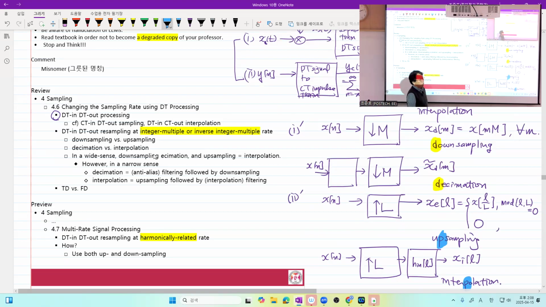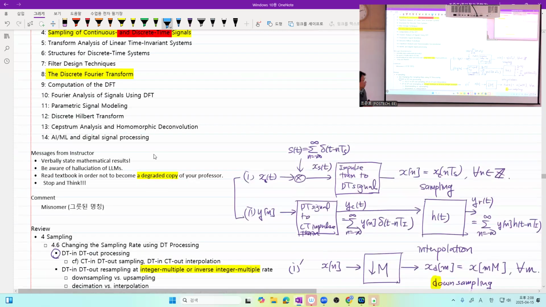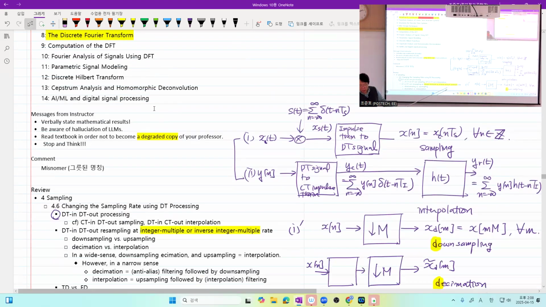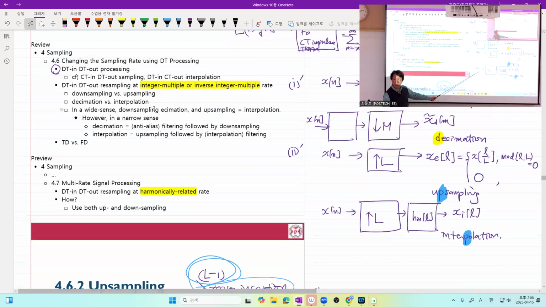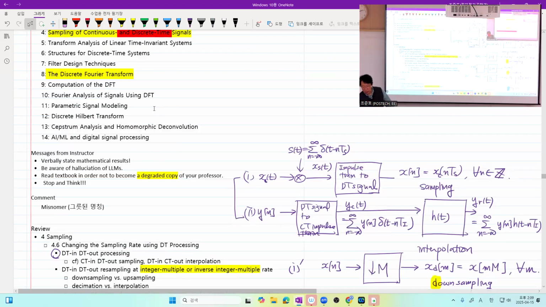So they wanted to have these terminologies, upsampling, downsampling. As you see, this is a little bit different. Of course, this part, the interpolation, is very similar to the other interpolation, right? You have some process to do upsampling and you have a filter. And here you have the DT to CT impulse train converter and interpolation filter. Got it?